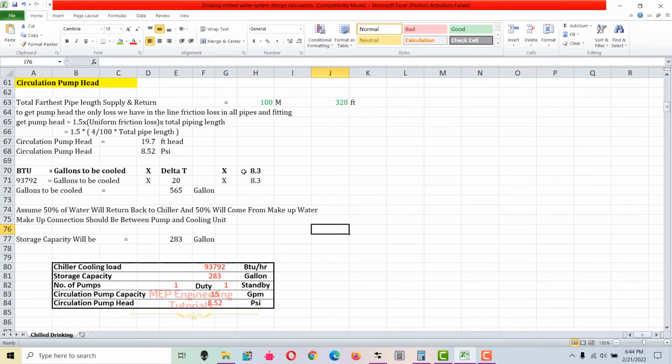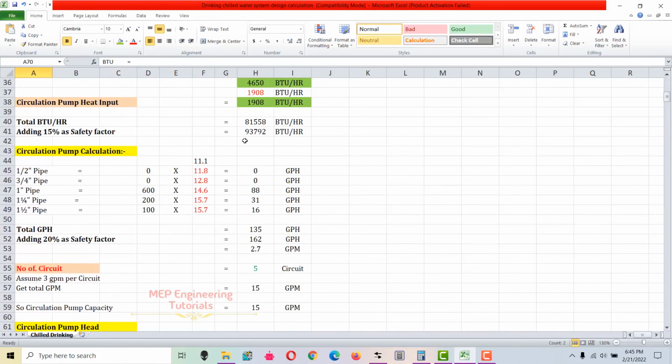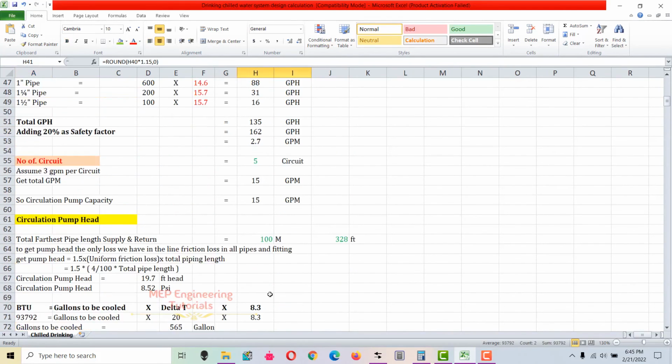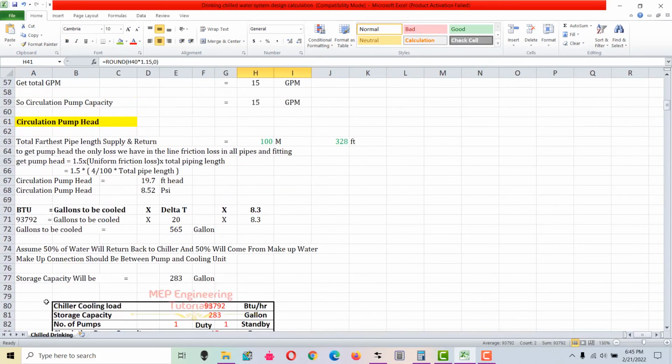So this formula I'm going to use in here. So gallons to be cooled, I know that the total BTUs I have calculated here is 93,792, which I have written here. So gallons to be cooled is equal to this value divided by delta T into 8.3.